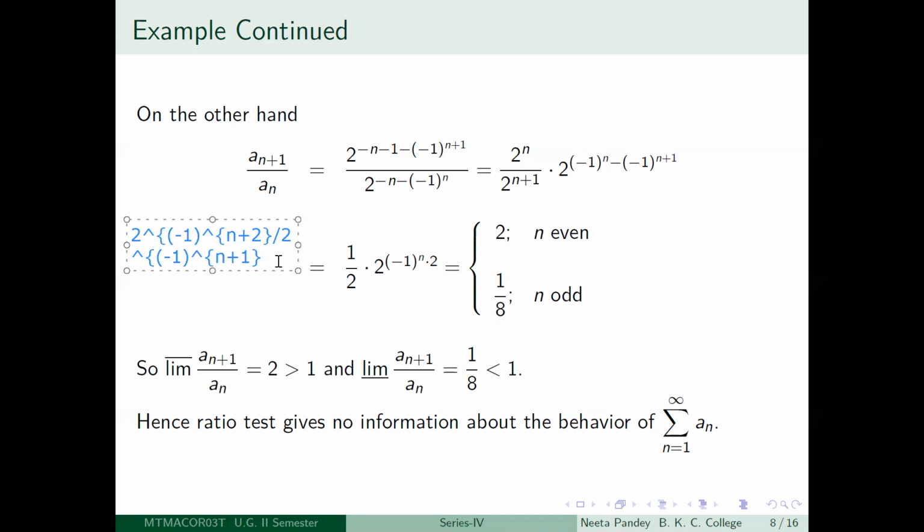So what is that going to be equal to? That is going to be equal to 2 to the power minus 1 to the power n plus 2 will just become minus 1 to the power n on the top, right? And this you have to divide by 2 to the power minus 1 to the power n plus 1.